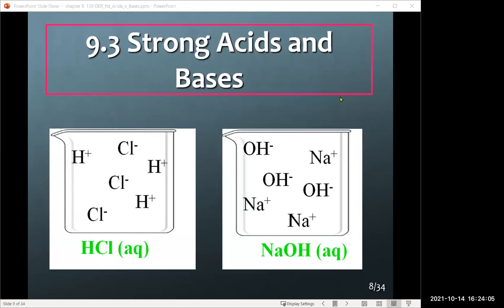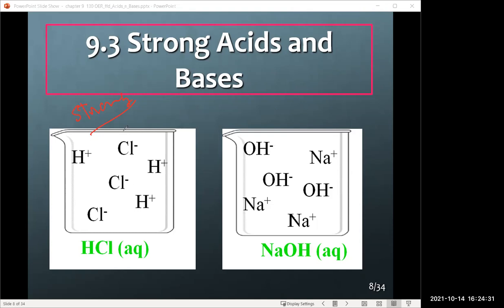Now, how do we write that? How do we demonstrate or show a diagram of that? Well, we had these beaker diagrams, okay? What this is supposed to represent is taking hydrochloric acid and dissolving it in a beaker of water. Now, I just told you that hydrochloric acid is strong. So when it is strong, it's going to dissociate completely into the ions.